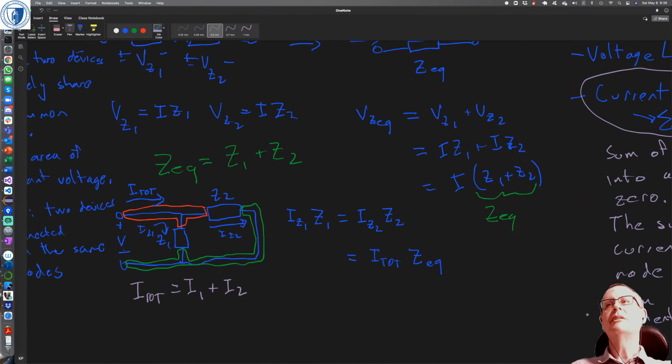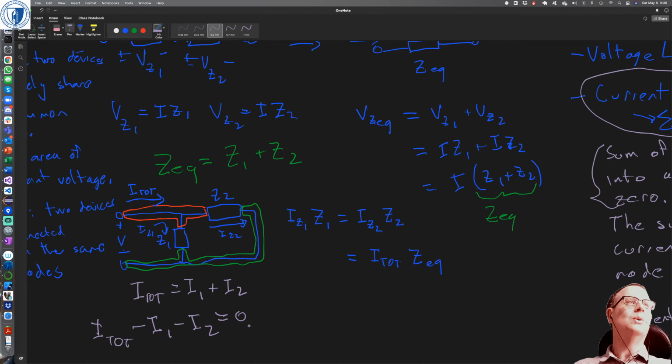We've got I tot flowing into the red node, and we've got I1 and I2 flowing out. So the way the first statement would write that equation would be I tot is flowing in, and because I1 and I2 are flowing out, we would just negate them. They're the same equation, it's just one of them's got all the ingoings on one side and all the outgoings on the other, and the other one uses negation.